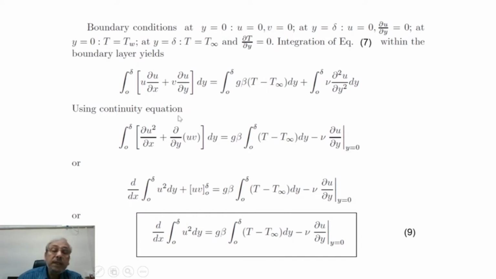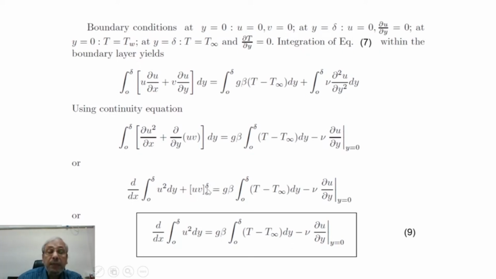So this again we can write, by differentiation under the sign of integration, the partial derivative as d dx of integral u squared dy. Here after the integration it becomes uv, with delta as the upper limit and 0 as the lower limit.